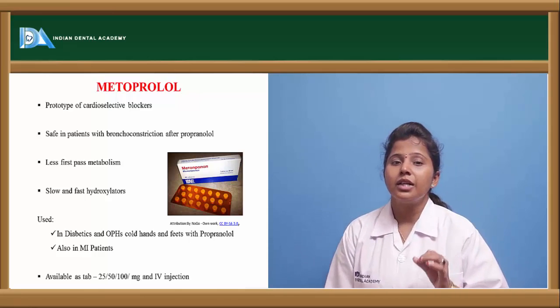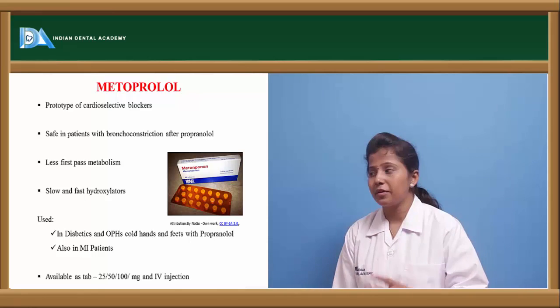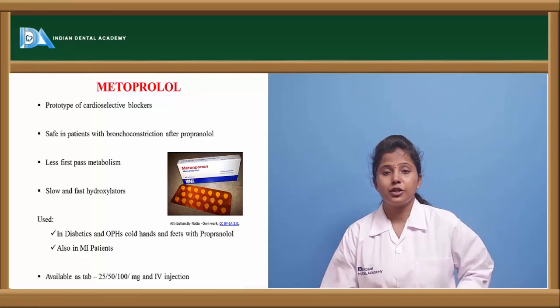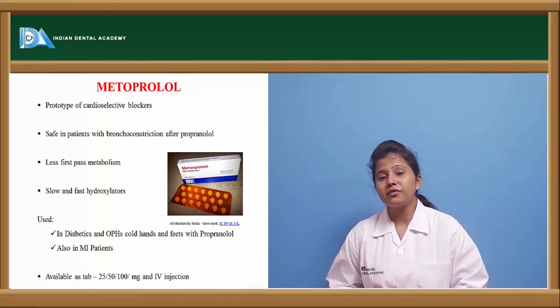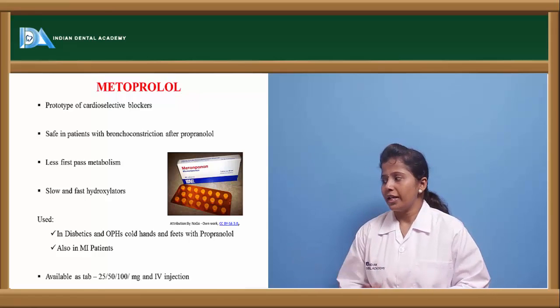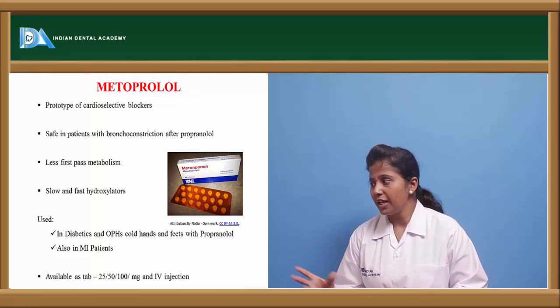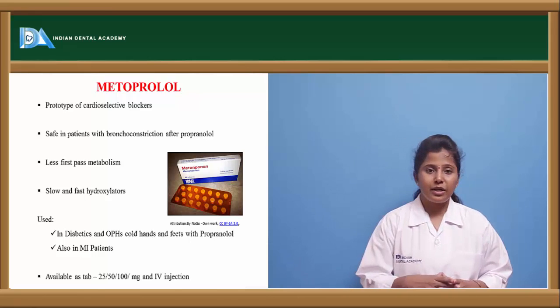That is the reason the oral route of administration is preferred, and it shows slow hydroxylation. I mean, the metabolism of the drug is also slow. It is used in conditions like myocardial infarction as well as diabetes.